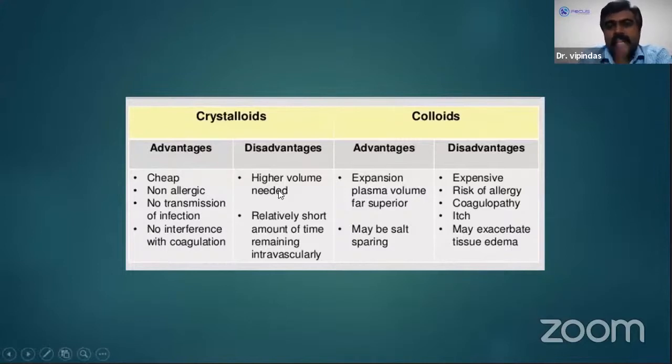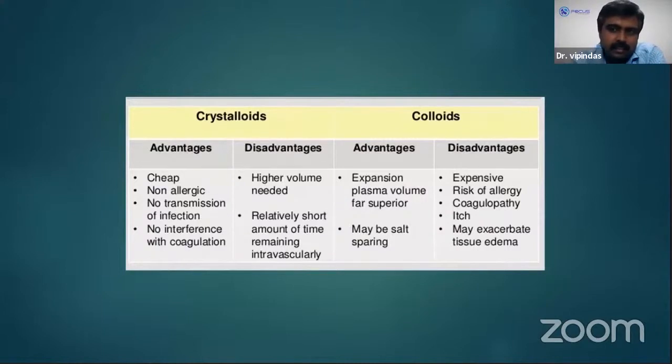being crystalloid, they can pass through the semi-permeable membrane. So once the saline is infused into the body, the fluid may wash out easily because it passes through a semi-permeable membrane, which is not happening with the colloid. So there will be a higher volume of crystalloids required, and they remain intravascularly for a relatively short amount of time because they cross the semi-permeable membrane, so they are easily washed out.